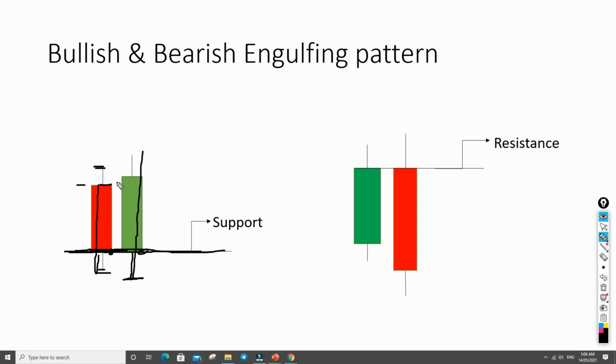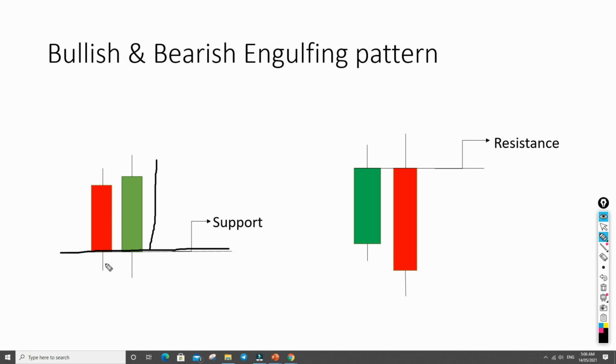Now the buyers went above this zone and created a new higher high. So that is a bullish engulfer. What a bullish engulfer tells you is a change in sentiment. That means when the price came to this support or floor level, there were strong buyers in the market at this point, and they took full control.